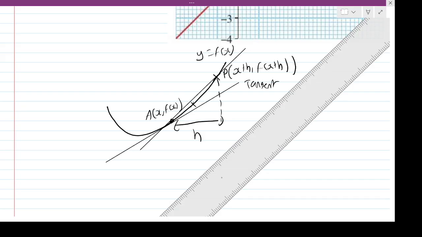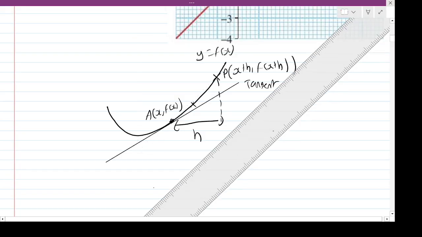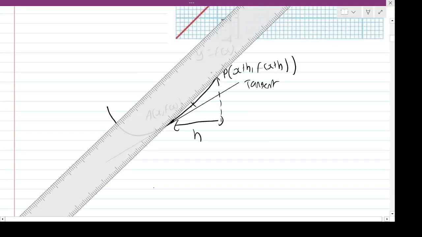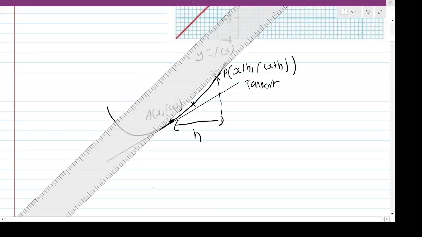What can I say about the gradient of this line I've just drawn? So the gradient between A and P, or the line between A and P, what would be the gradient of this line?